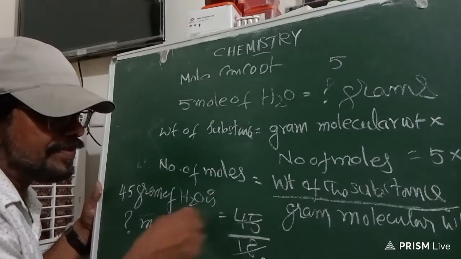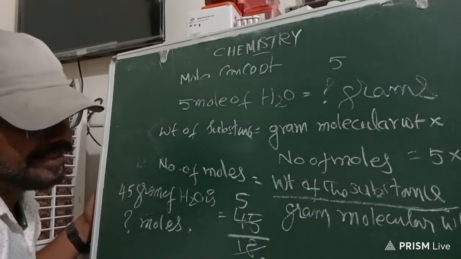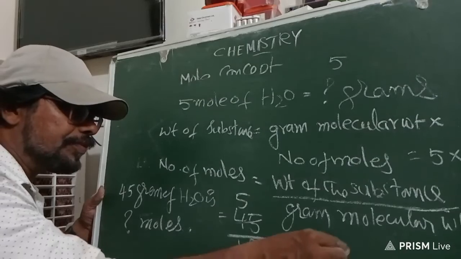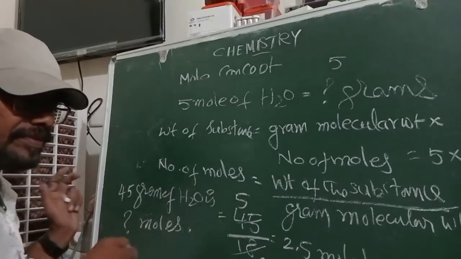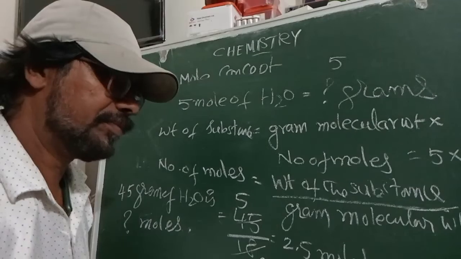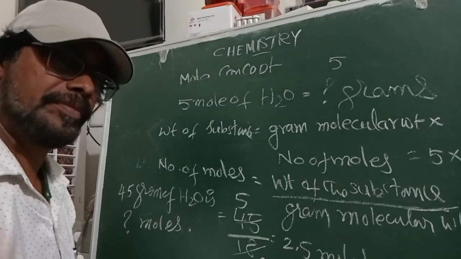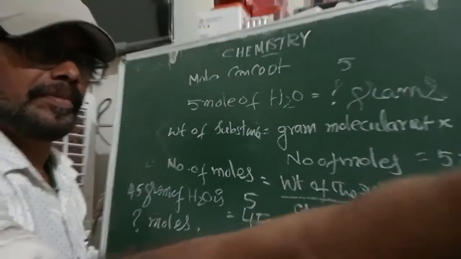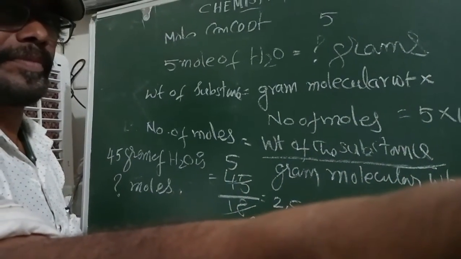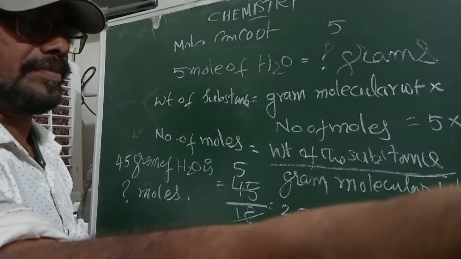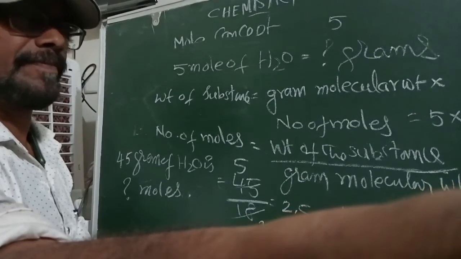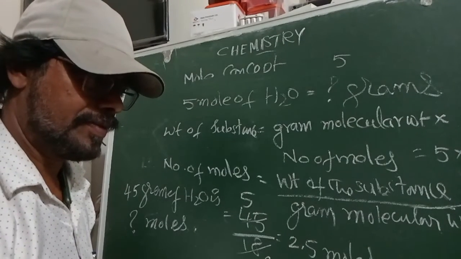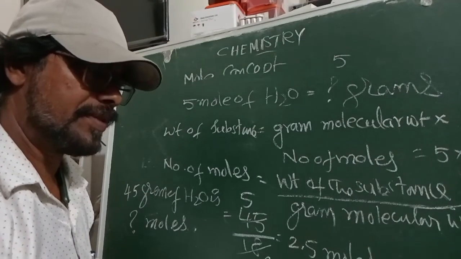So 5 times 9 by 2 times 9, that is equal to 2.5 moles. 5 by 2 means 2.5. Understand?